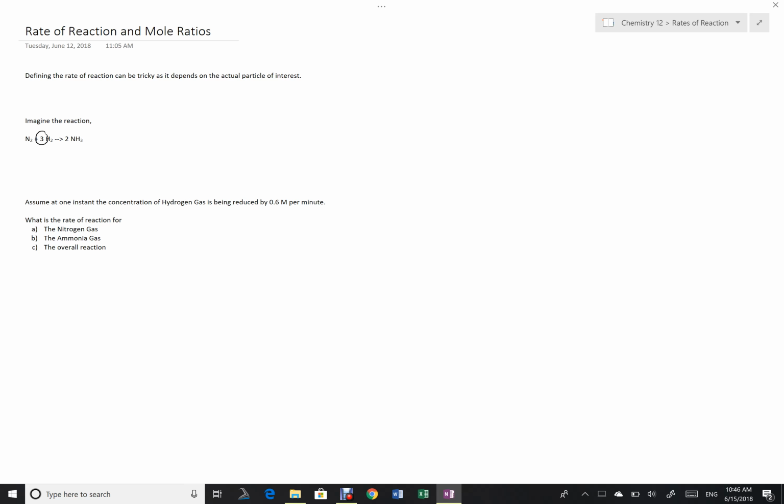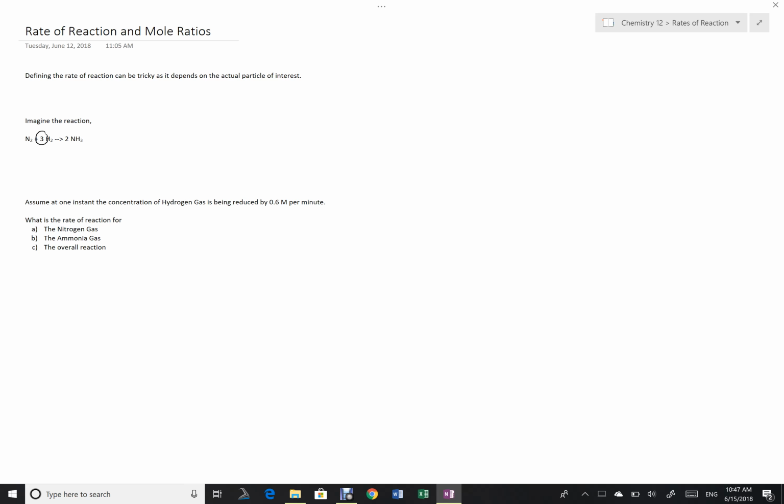Well, the easy answer here is we're going to state the rate of reaction for one species or for the overall reaction, and we need to be clear in that when we're asking one thing or the other. So as an example here, let's assume at one instant the concentration of hydrogen gas is being reduced by 0.6 molarity per minute.